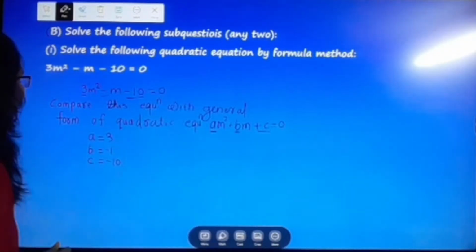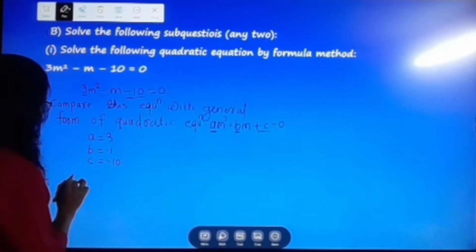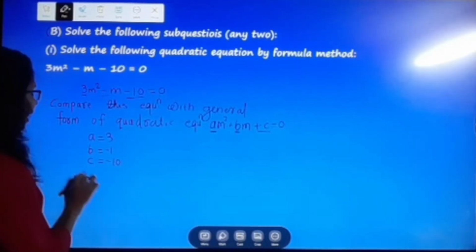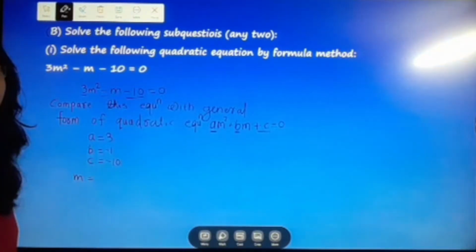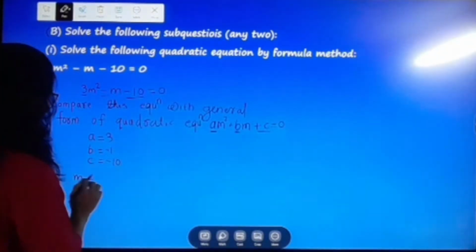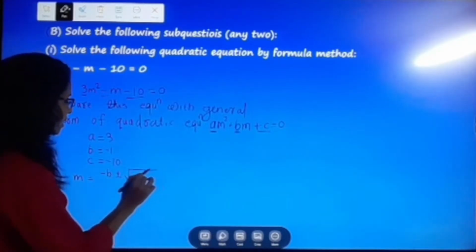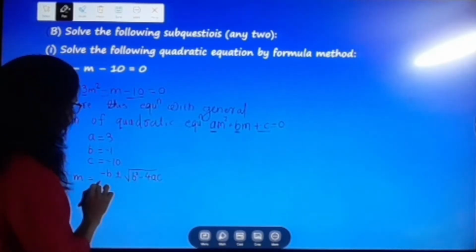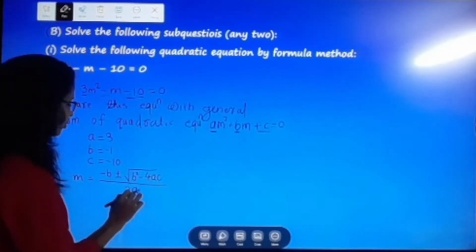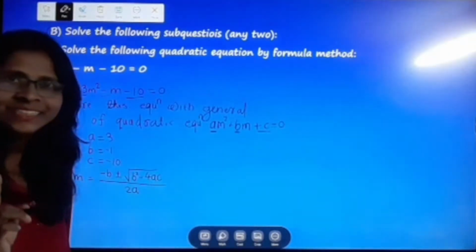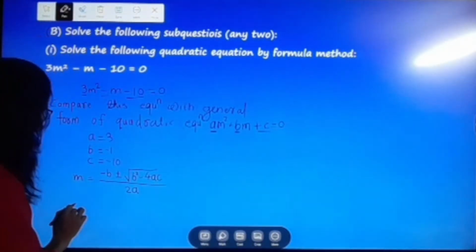Then here is the formula. I write down the formula with respect to m. So m is equal to minus b plus or minus the square root of b square minus 4ac, upon 2a. Okay students, 2a, and then here I substitute the values.